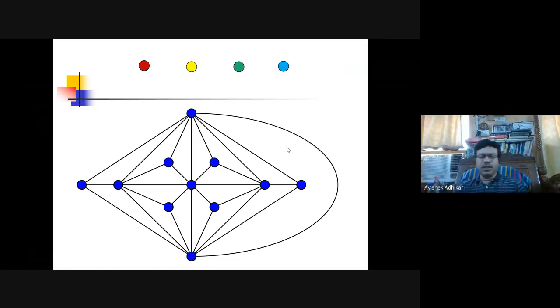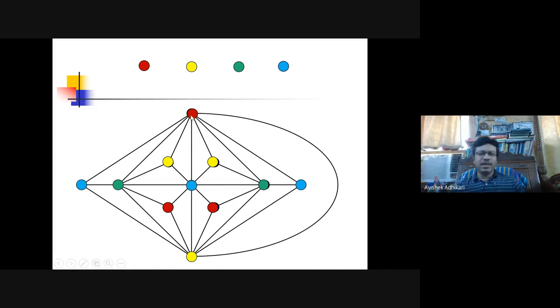Suppose this is a graph. Can you tell me what the chromatic number would be for that? This is the coloring, basically. You can see that I have colored it with 4. It's not very easy to color it with 4, so you have to think a bit. It's not that difficult, but it's not trivial.